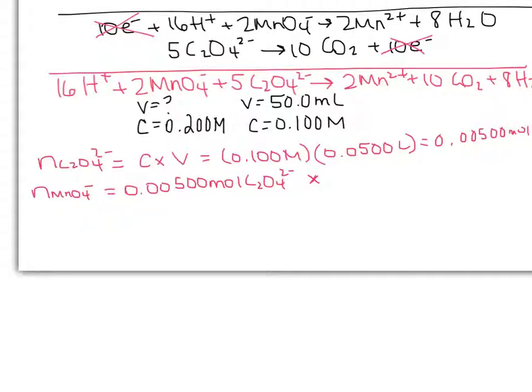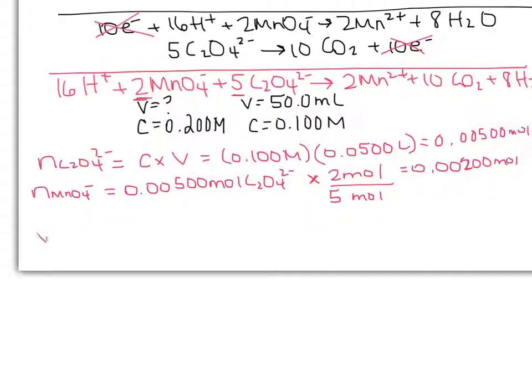We're required to find the volume of MnO4 negative. It has a coefficient of 2. We were given all of the information of C2O4 2 negative. That has a coefficient of 5. So on your calculator, you're going to take 0.00500 times 2 and then divide by 5 to give us 0.00200 moles.